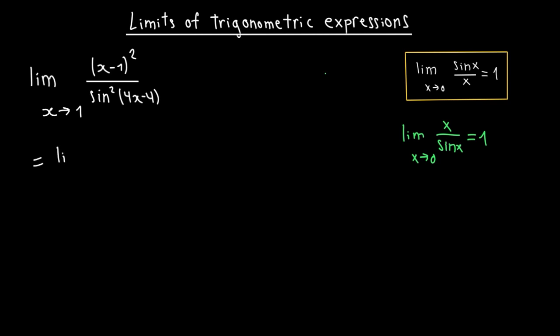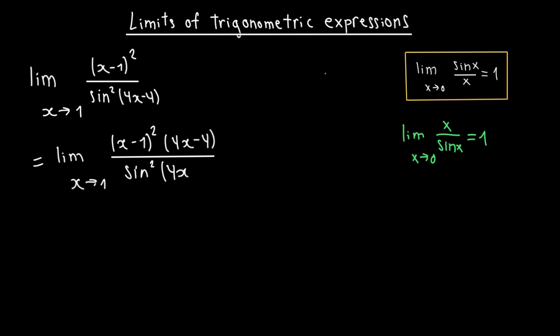So we have the limit as x tends towards 1 of x minus 1 squared times 4x minus 4, divided by sine squared of 4x minus 4. But since we multiply by 4x minus 4, we need to divide by 4x minus 4. So we multiply by 1 over 4x minus 4.